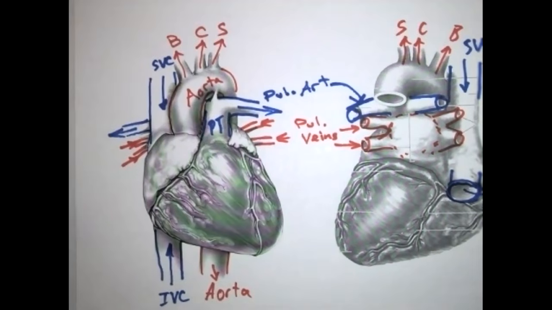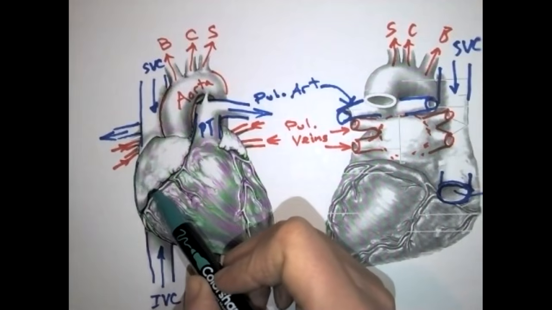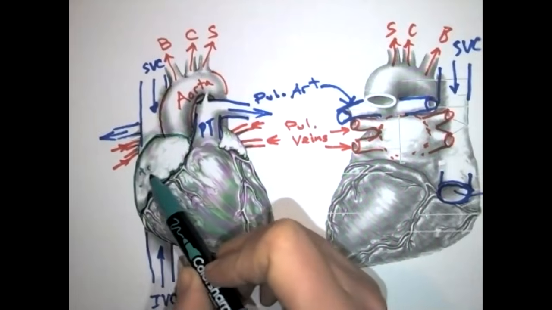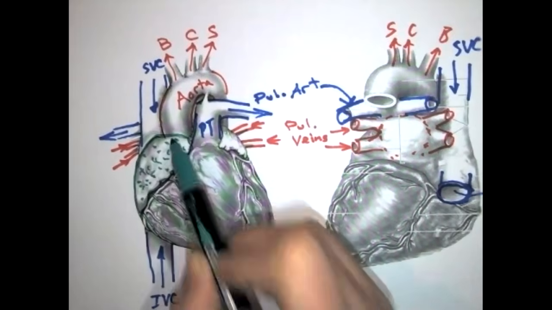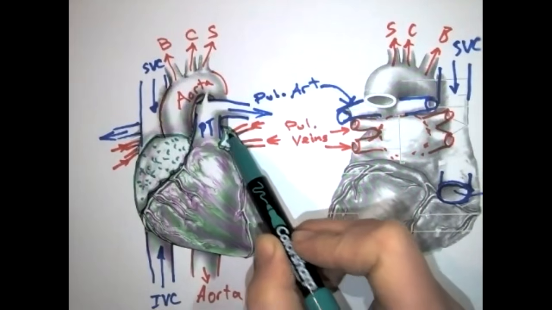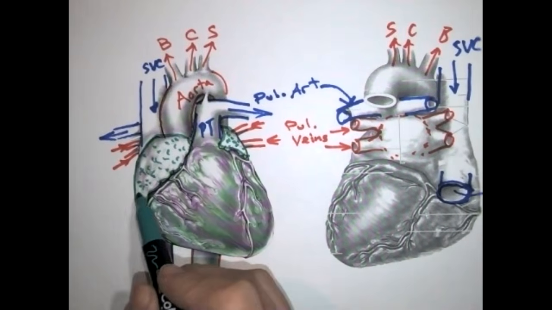Now auricles, this word means ear. On the anterior surface of the heart are little ear-like flappy things right here. If you ever get a chance to dissect a real heart of any species, you'll see that these things can be lifted and they kind of look like elephant ears, and that's where they get their name from.